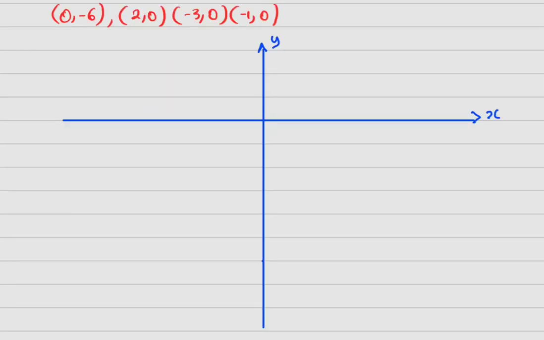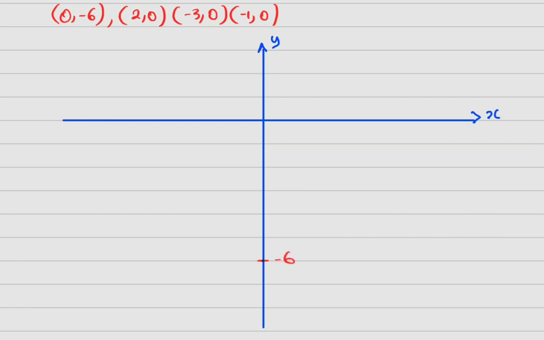Okay, I have my x and y axis. Now listen, you are going to use these coordinates to sketch this curve. The first one is 0 comma minus 6: when x is 0, y is minus 6. So let me pick here to be my minus 6.